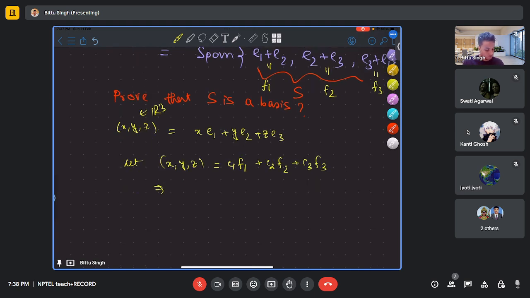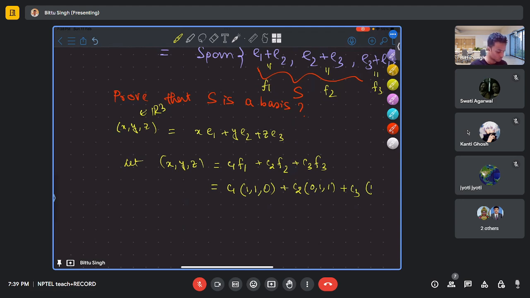Then F1 means E1 plus E2, that is, the first and second positions will be 1 and everything else 0. Similarly, F2 is E2 plus E3, that is (0, 1, 1).